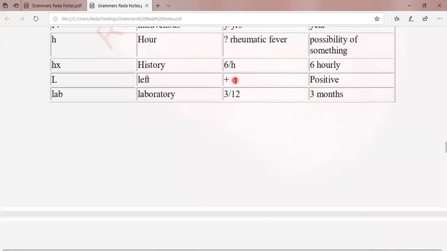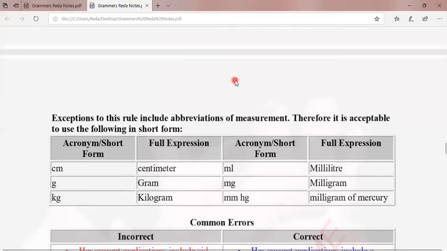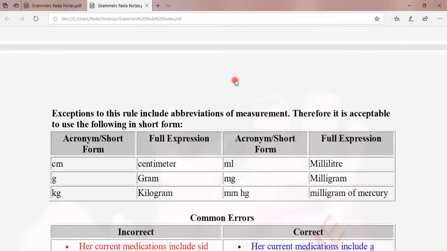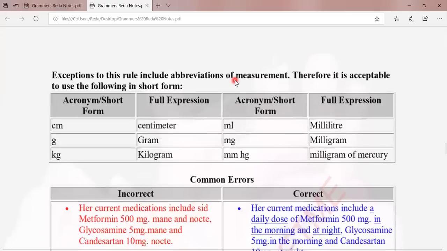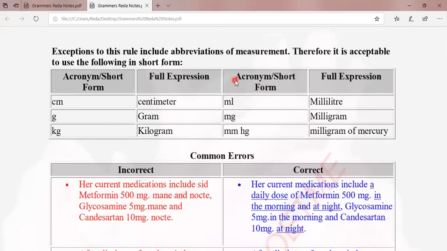Okay, so you have to keep this in your mind. Centimeters, gram, kilometer, millimeter, and if you want to mention abbreviation, okay, no problem, mention abbreviation.